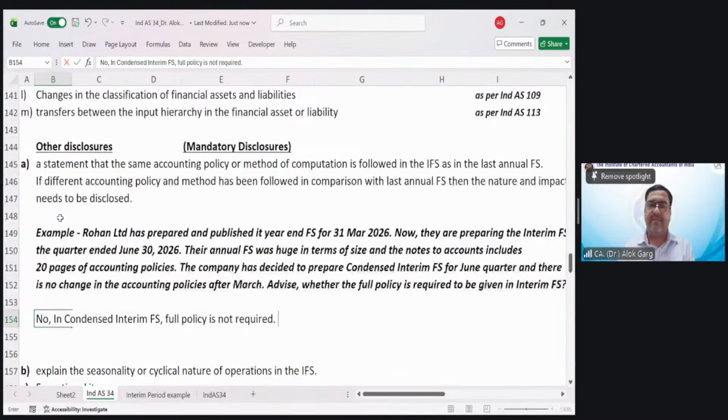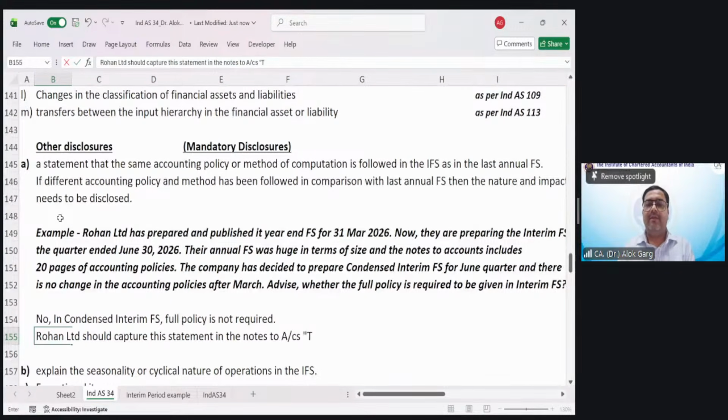Only a statement. The company, Rohan Limited, should capture this statement in the notes to accounts.